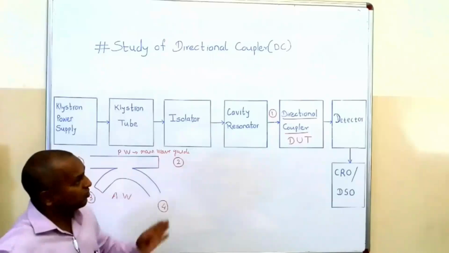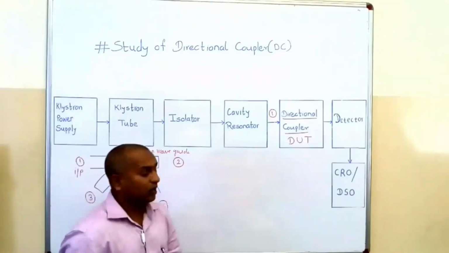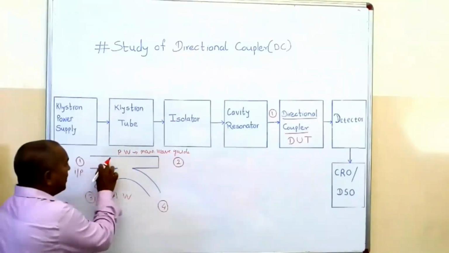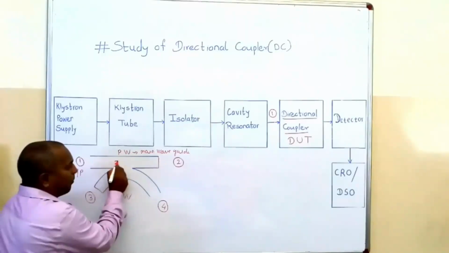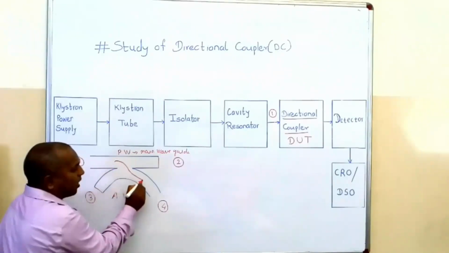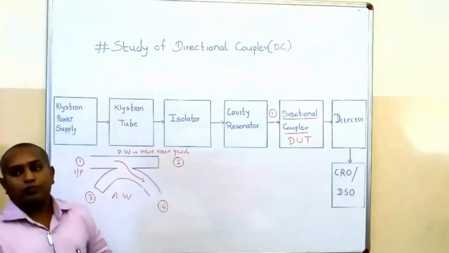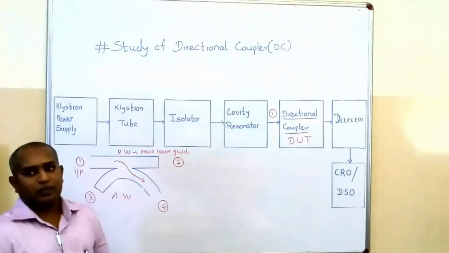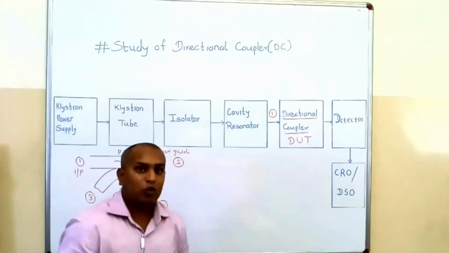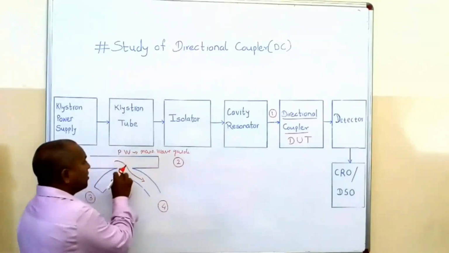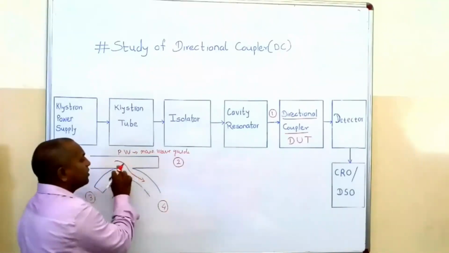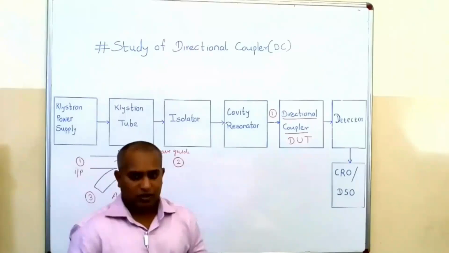So what happens actually? The meaning of a directional coupler: the main waveguide couples some amount of power into the secondary waveguide. And this coupling is possible by using some holes in between the primary and secondary waveguide.